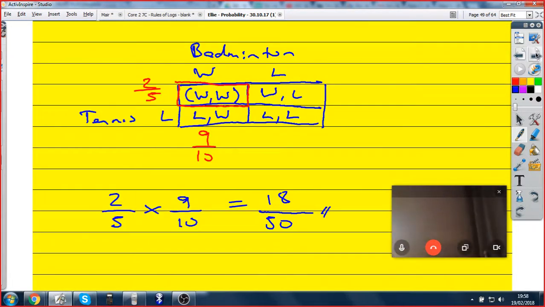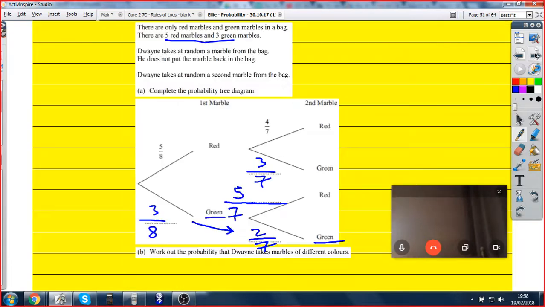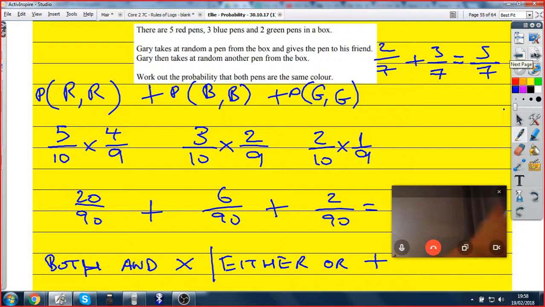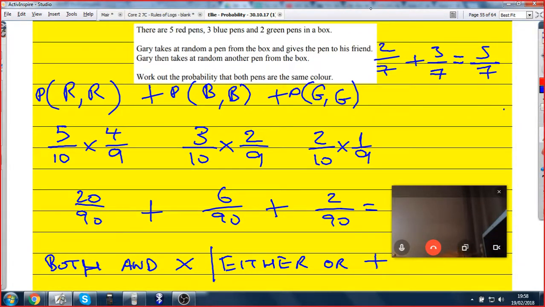Probability trees. Okay, so how do we do these questions in general if they're the same color? If it's the same thing? You work out what the possible outcomes are, and then you do the 2 fractions for each one.